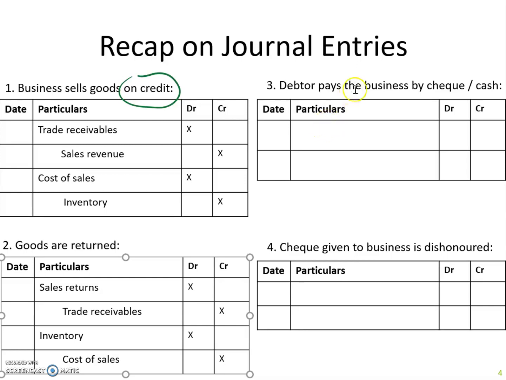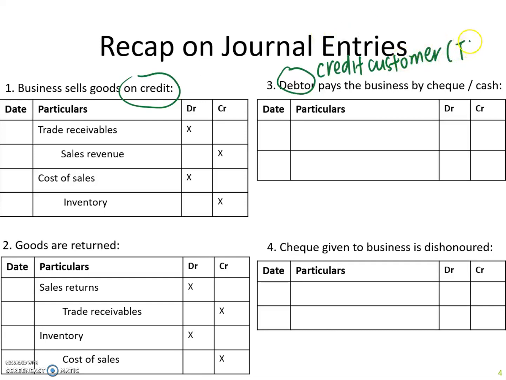Okay, third step, debtors pay the business by check or cash. Okay, the word debtor actually means customer, which also implies this is my trade receivable. So in this case, the trade receivable actually goes down.